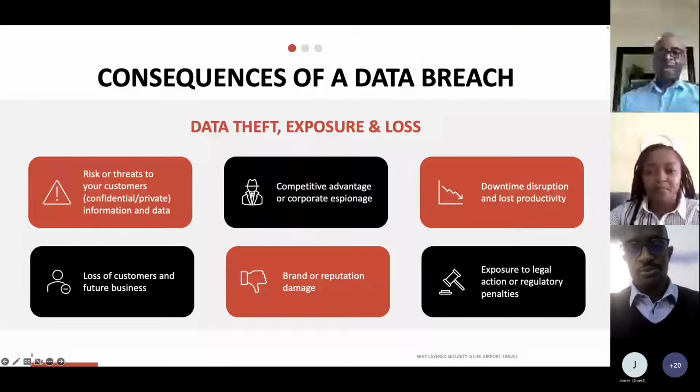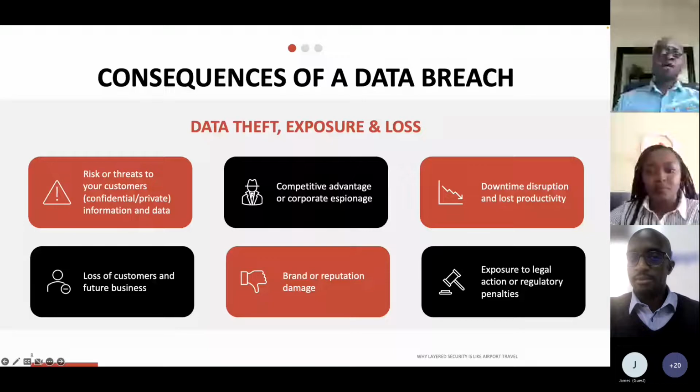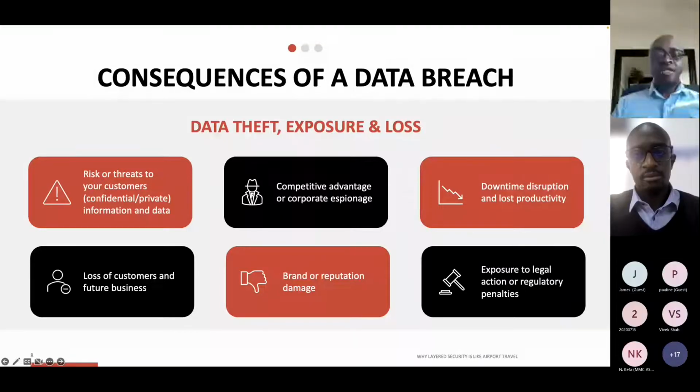So I'll move ahead to basically just discuss the consequences of a data breach. In addition to the significant sanctions for failing to take appropriate technical and organizational measures to protect data, and potentially for failing to report a data breach as required by law, organizations might suffer, among other things, loss of stakeholders' trust, reputational damage, and disruption of business activities as a result of a data breach, leading to economic losses.